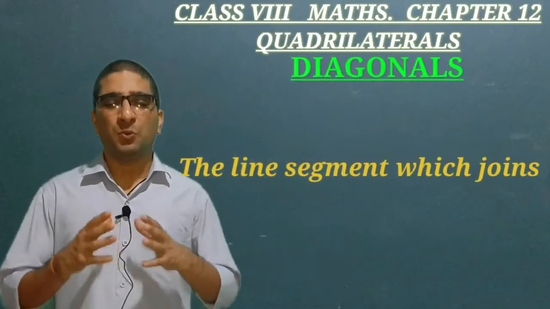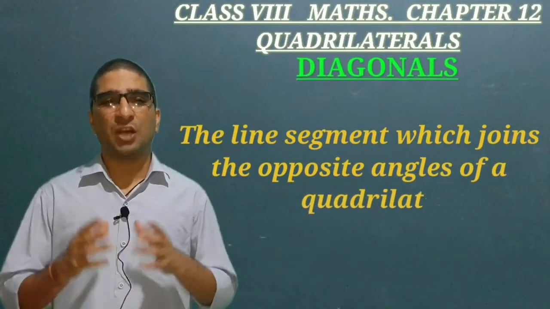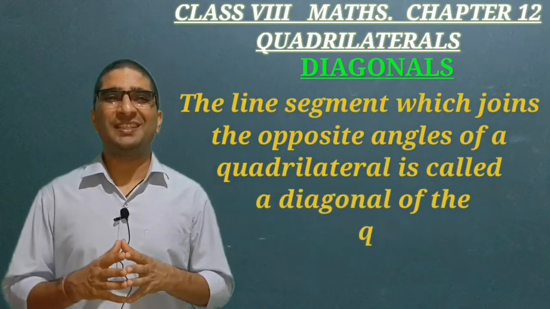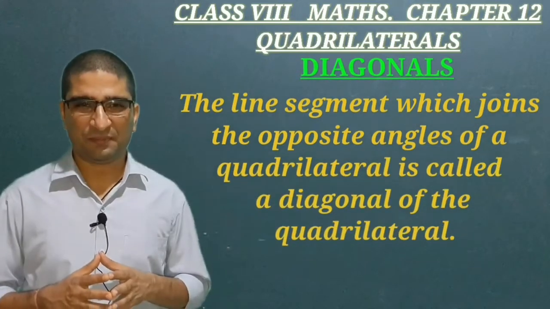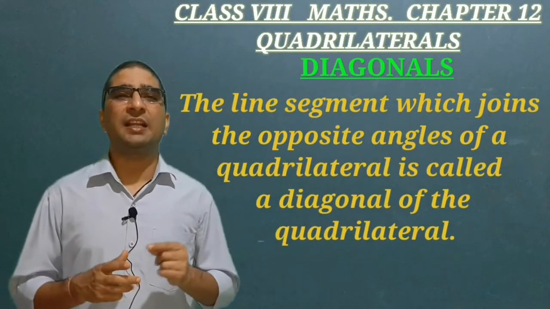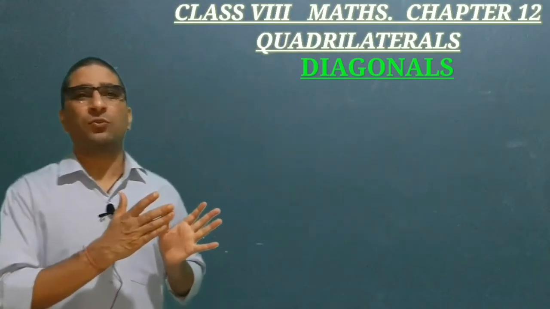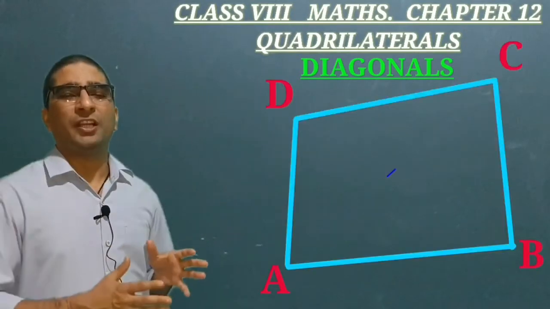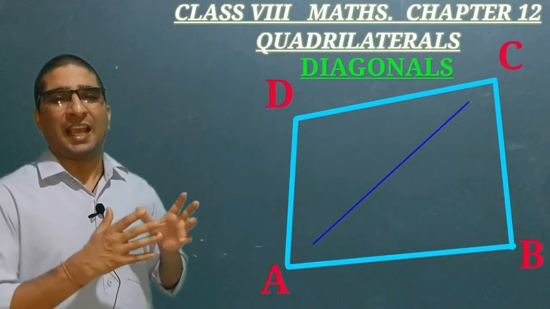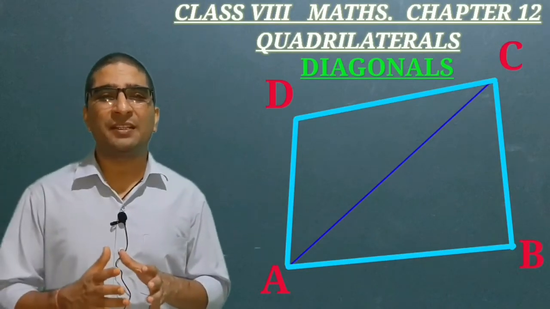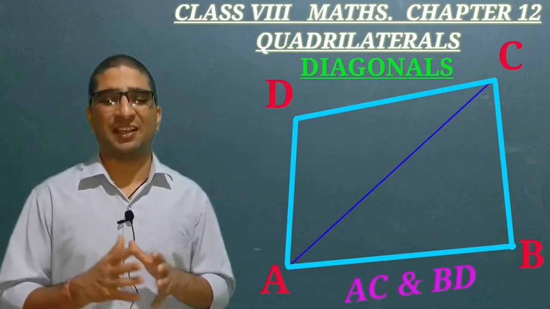Okay. Now, diagonals of a quadrilateral. The line segment which joins the opposite angles of a quadrilateral is called a diagonal. That means a diagonal always joins the opposite angles. In this quadrilateral ABCD, joining angle A and C with a line segment gives a diagonal.